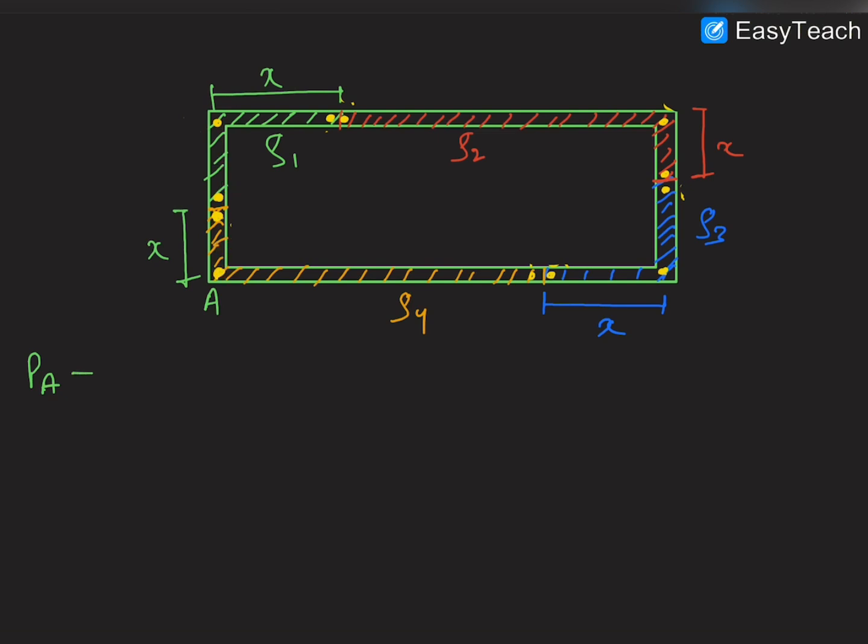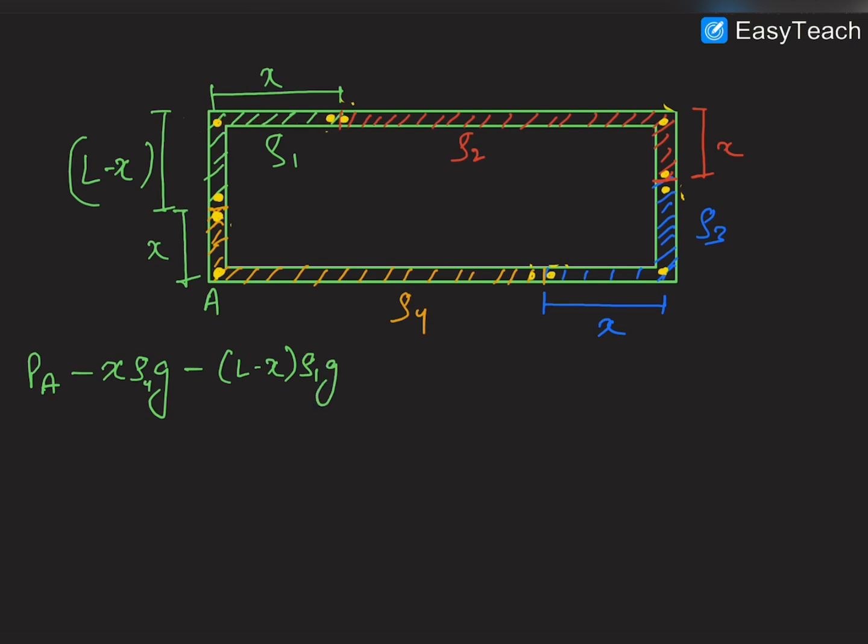So PA minus X rho G. This is X rho G. And this is L minus X. So this is L minus X rho, and this is rho 4. So L minus X, this is rho 1. L minus X rho 1 into G, and this is X rho 1.